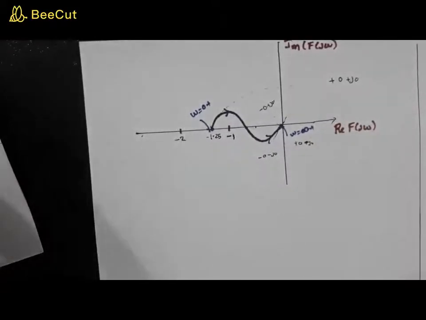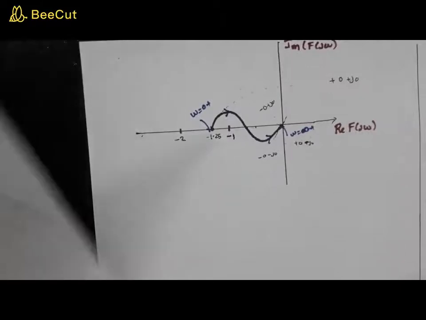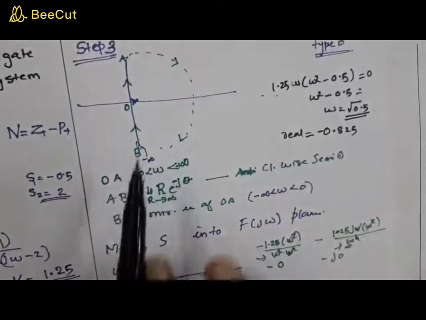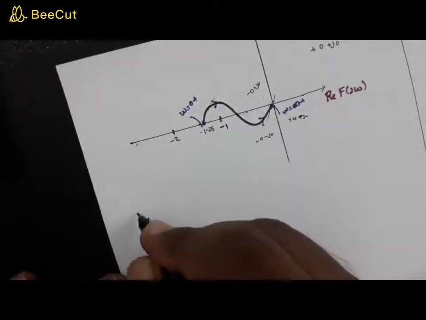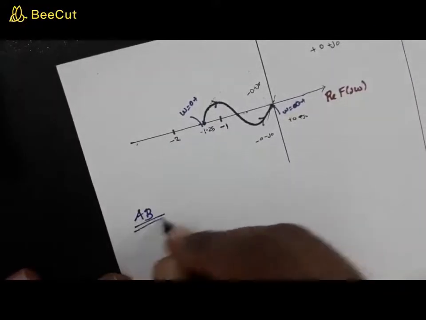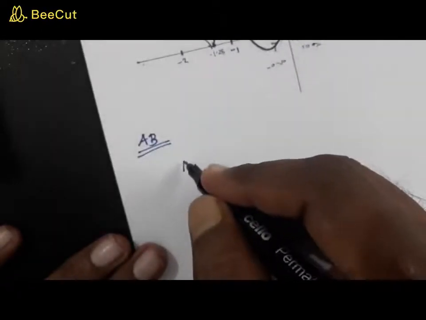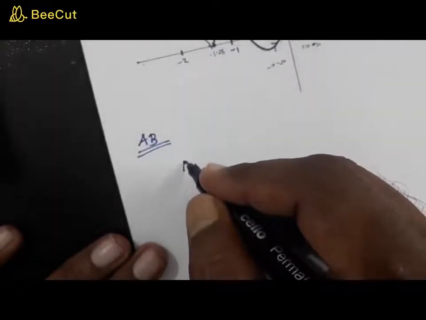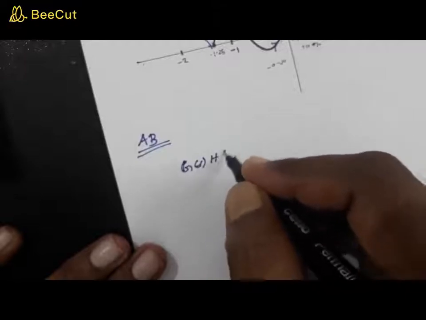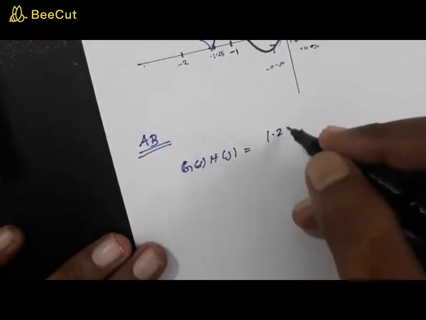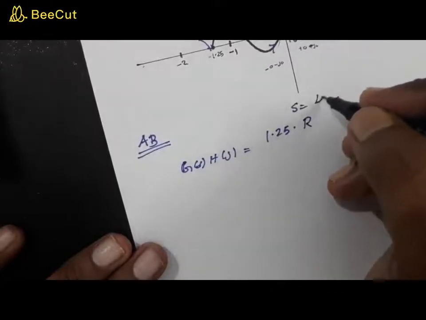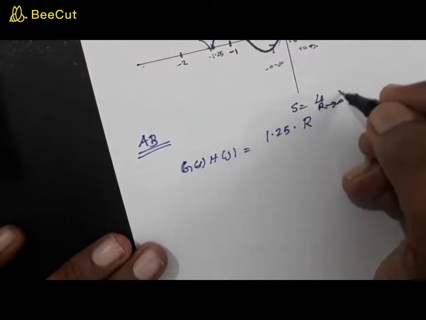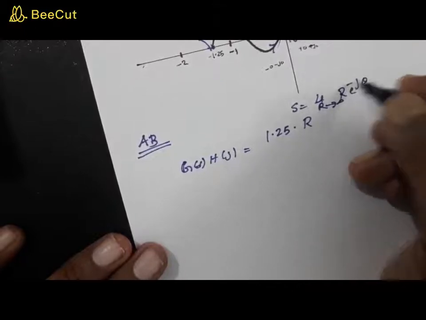The next point is you need to plot AB, right? You need to plot this big circle. Now how will you plot this big circle? The big circle is mapped as we have studied in the previous equation. You need to start with G(s)H(s), which is equal to 1.25 into r e raised to, put s equal to limit r tends to infinity, that big circle equation, e raised to minus j theta. We have already identified this.